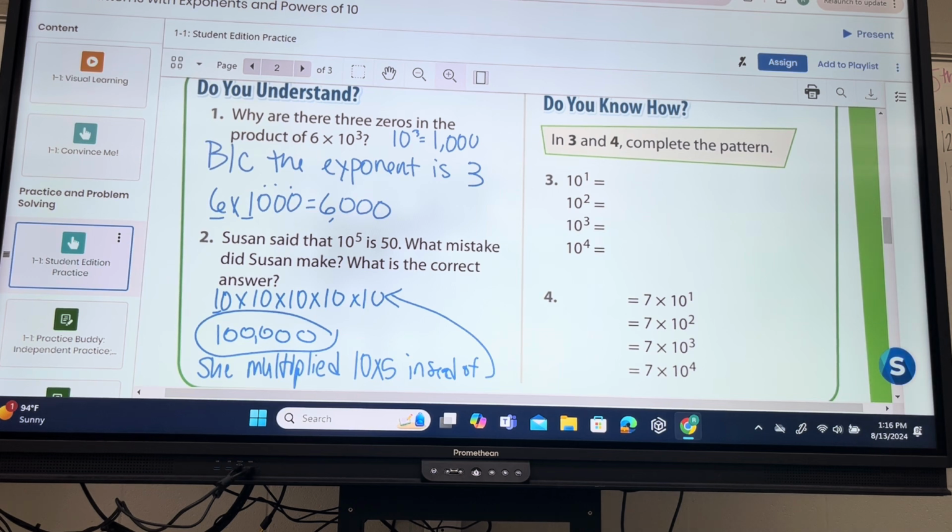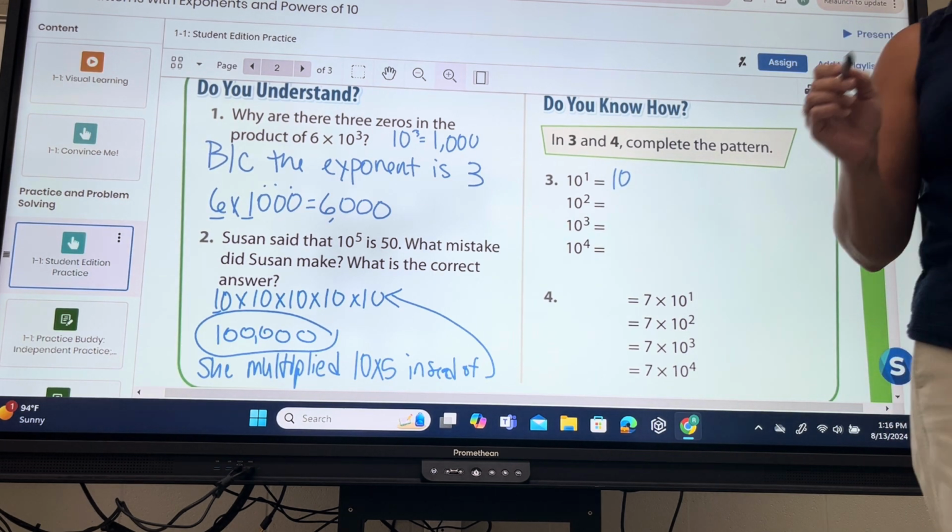So far, so good? Okay. For 3 and 4, we're going to complete the pattern. 10 to the power 1 is 10. That's 10 one time. 10 to the power of 2 is 100.